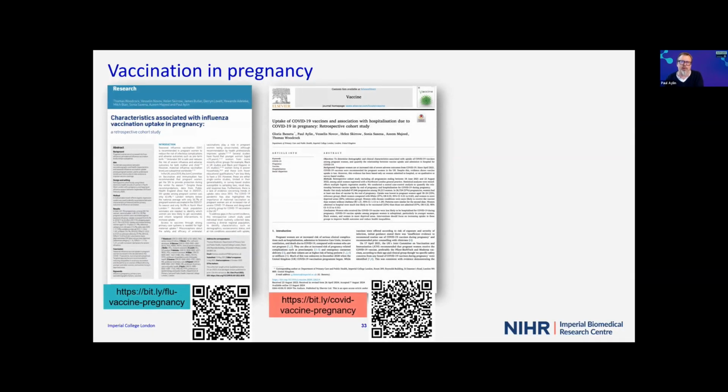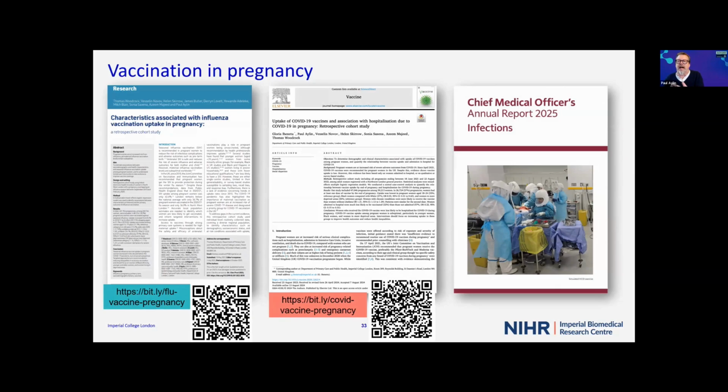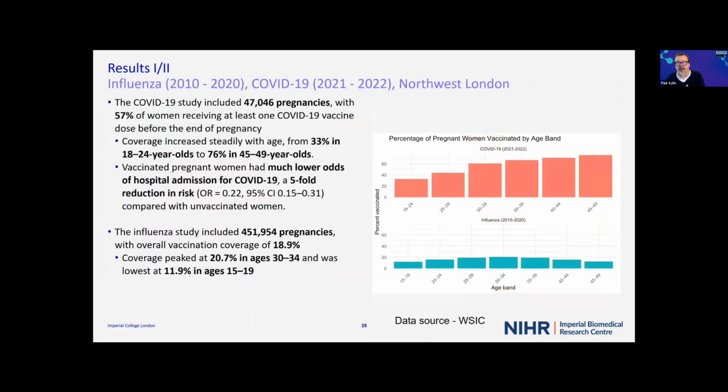And here's one example, looking at vaccination in pregnancy. We were looking at uptake of both the influenza vaccine and the COVID-19 vaccine, and we found a variable uptake depending on age. The COVID vaccination had higher uptake than the influenza vaccination, which is really very poor, overall vaccination coverage of about 20%.